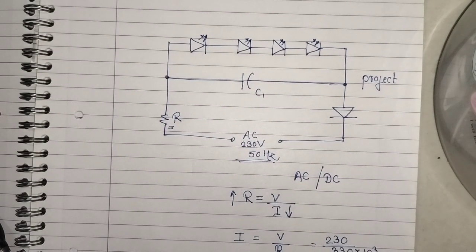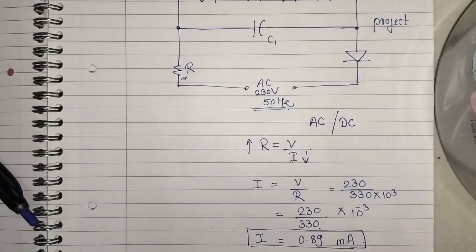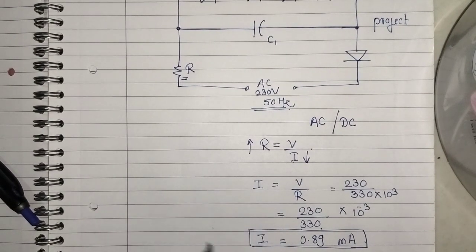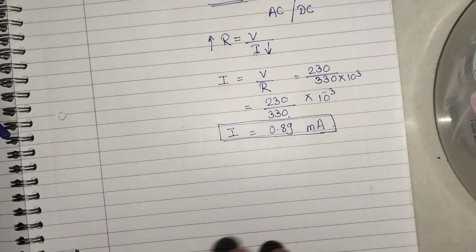Practically, of course, we are not going to discuss this on paper only. So the 330K will not work. What we will do here is change the value of R. How will I decide? Say I want I approximately 5 milliampere.